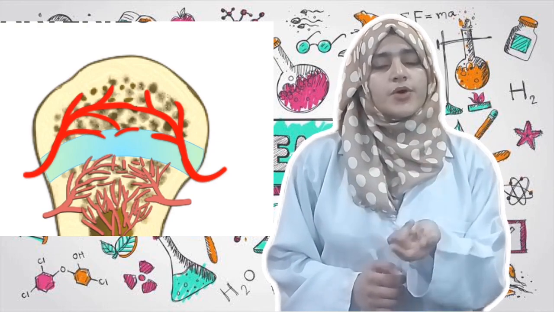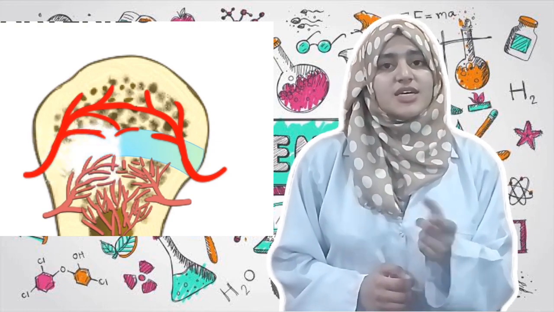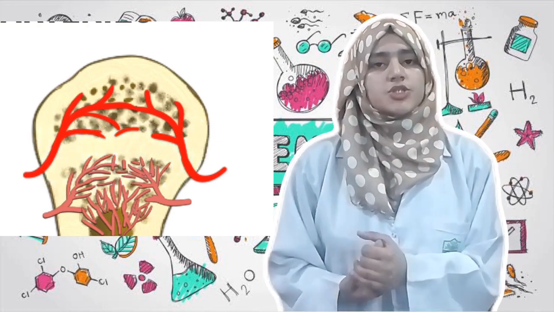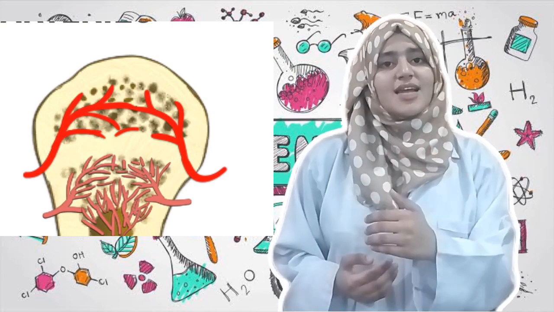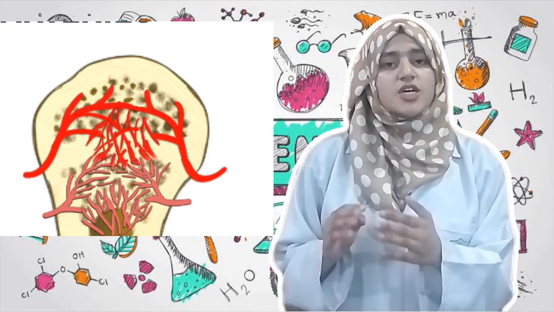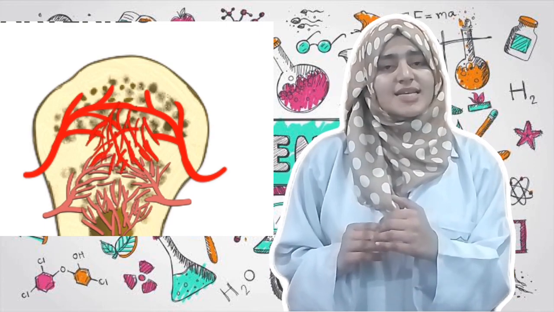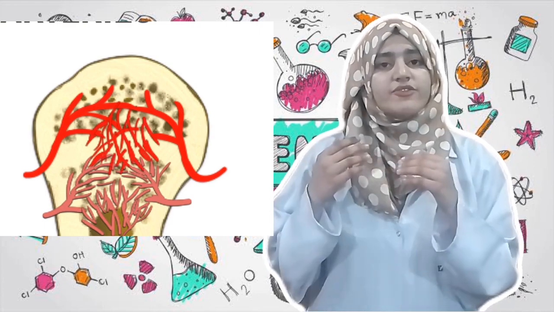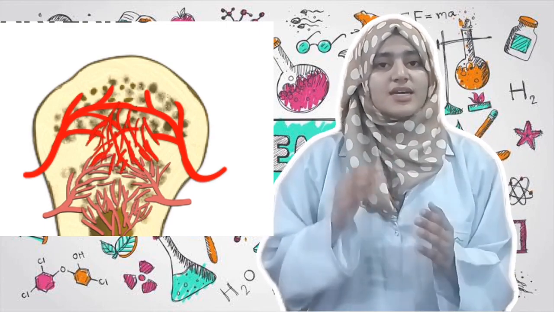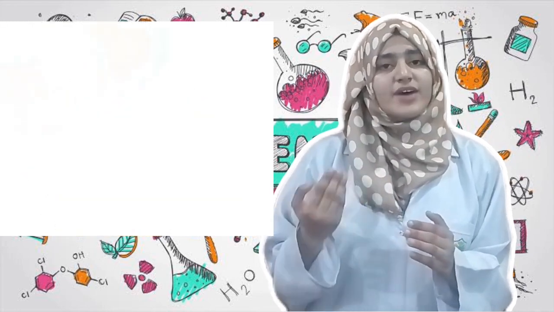In an adult bone, the hyaline cartilage is replaced by bony tissue, and metaphyseal arteries and epiphyseal arteries fuse together, which makes the ends of the bones very vascular.